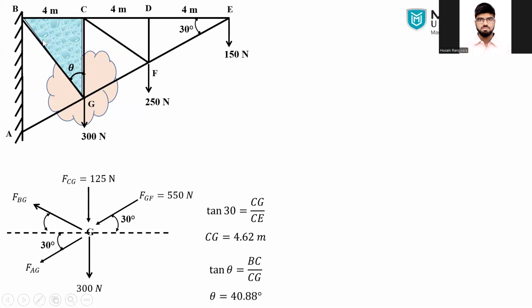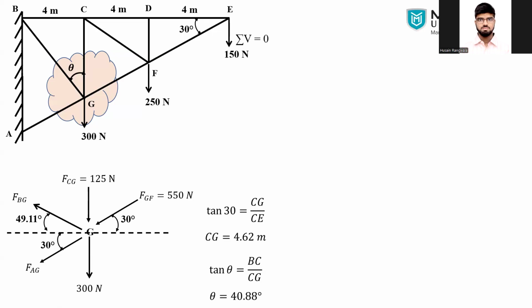Now, to find the angle this force makes with the horizontal axis, we do 90 minus theta, right? So the angle will be 90 minus 40.88, which is 49.11. So it is not necessary that these two members are parallel. Both will have different angles, as we have calculated.